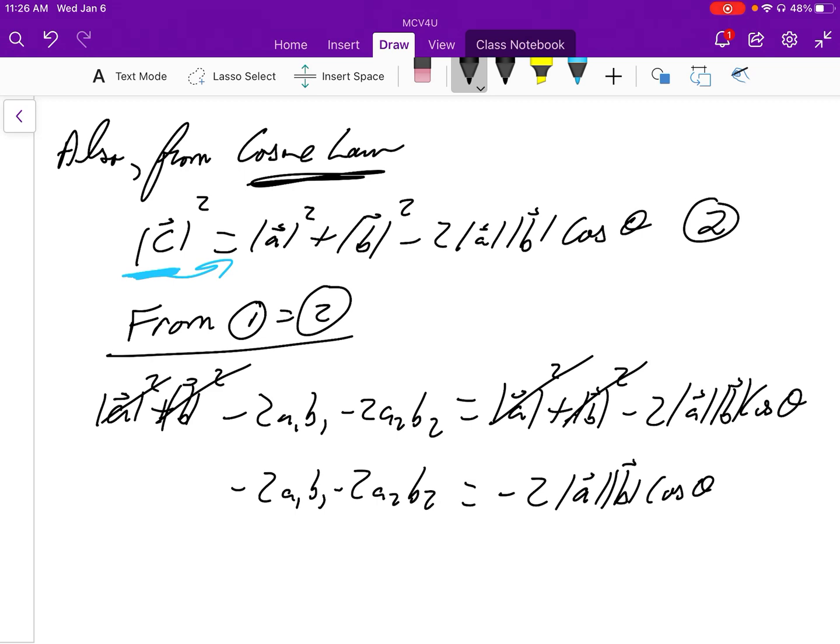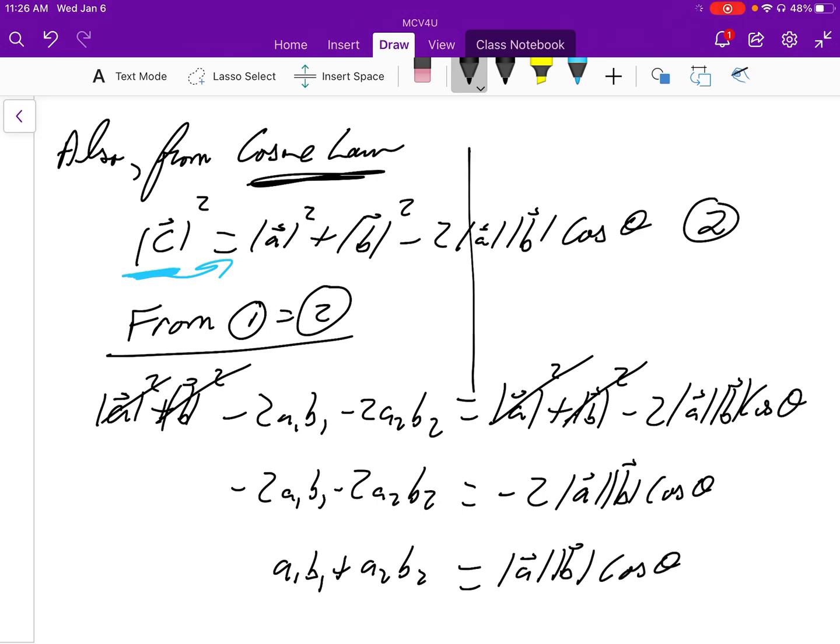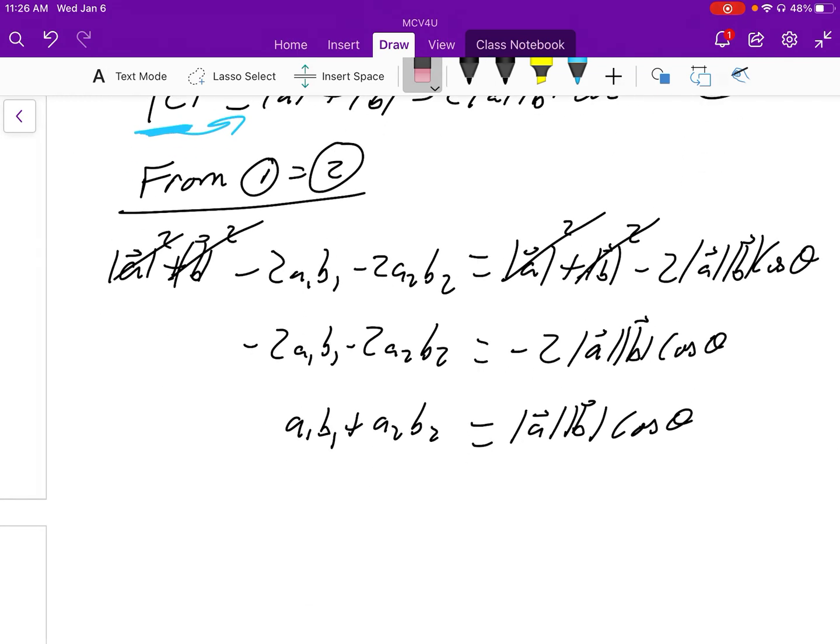And when we divide everything by negative 2, we can see that a1b1 plus a2b2 is equal to the magnitudes times cos theta. And so what is the right-hand side? Well, the right-hand side is, by definition, the dot product. So we now have our very simple equation for the algebraic dot product.